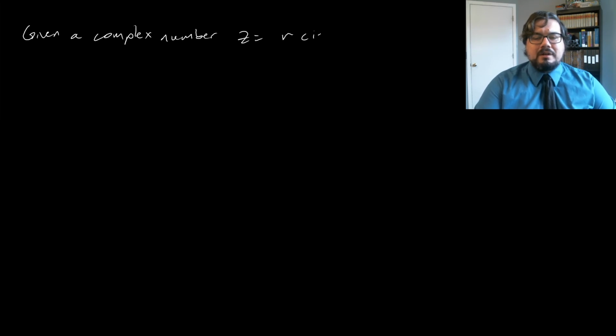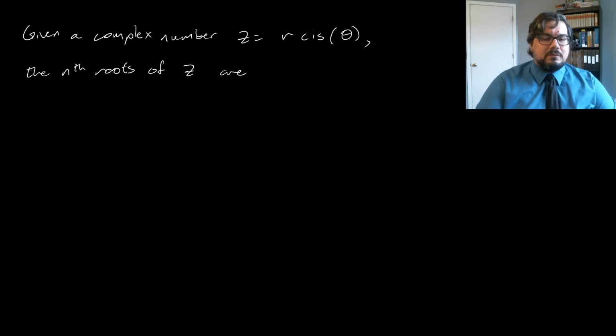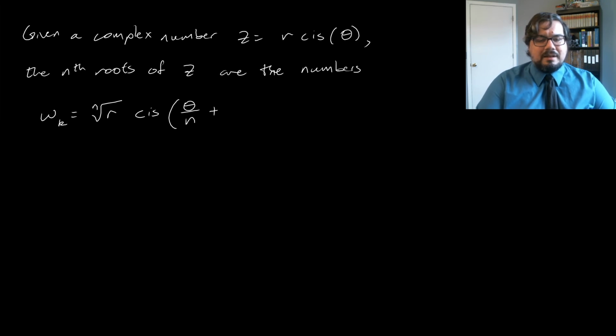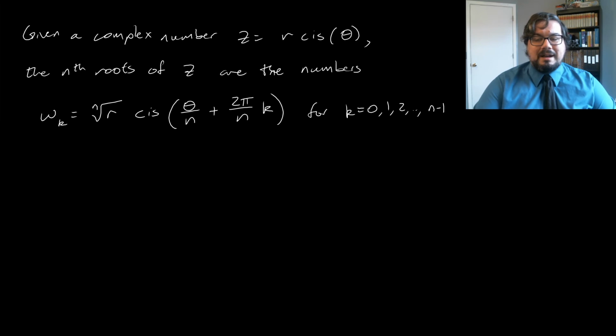Given a complex number z, written as r cis theta, the nth roots of z are the numbers wk, where wk is the nth root of r times cis of theta over n plus 2 pi over n, or 360 degrees over n, times k, for k equaling 0, 1, 2, up through n minus 1.